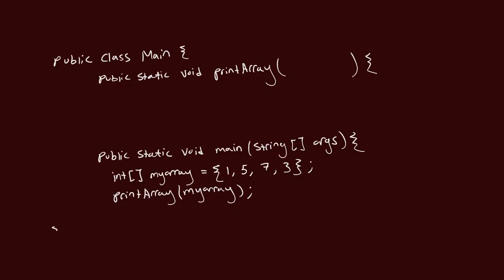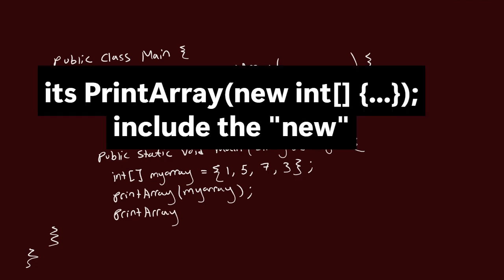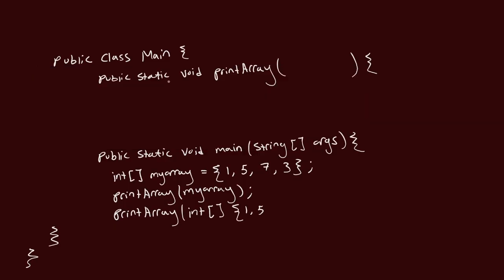Or another way you can do it is do print array, and then you do int square bracket, and then you put in 1573. See here, you didn't even have to name your array anything. So both of these ways would work.